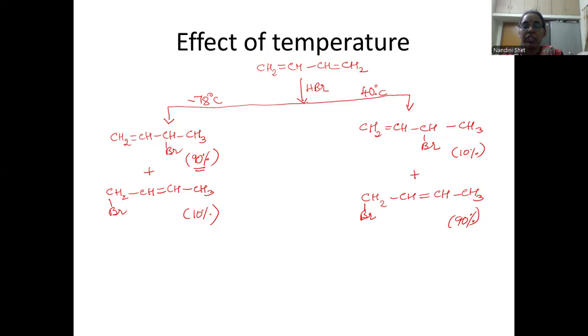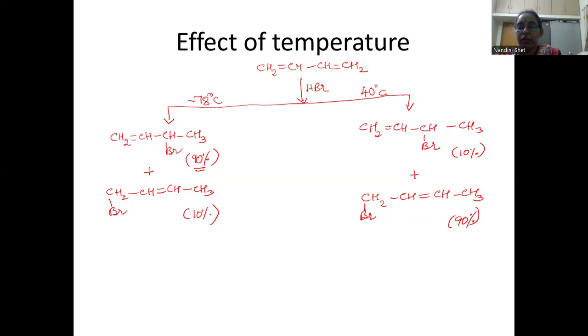So the extent of formation is more. But as the temperature increases, the reaction is not controlled by kinetic factors. Instead of it, it is controlled by thermodynamic factors. So we say that the reaction is under thermodynamic control. When it is so, any product which is more stable will be formed in higher proportion. If you compare these two products, this product is more substituted than this.